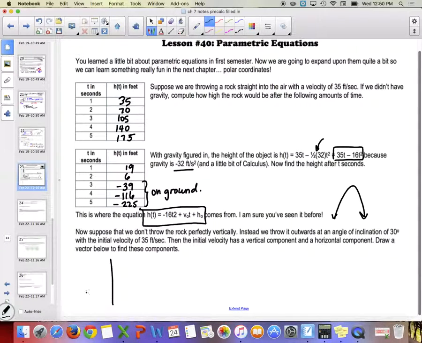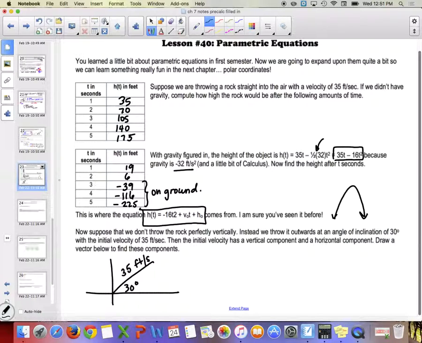So if you're throwing something at an angle of inclination of 30 degrees, you're still going to have gravity pulling it down. But your initial velocity, so if your initial velocity is 35 feet per second, it's in that diagonal direction. Does that make sense?